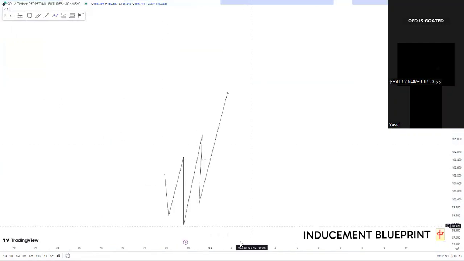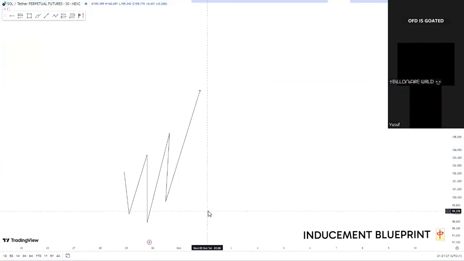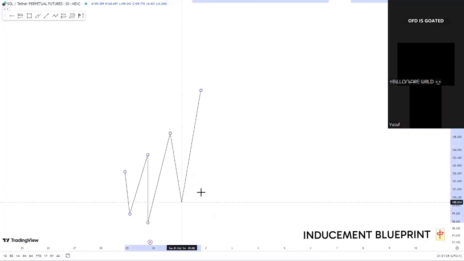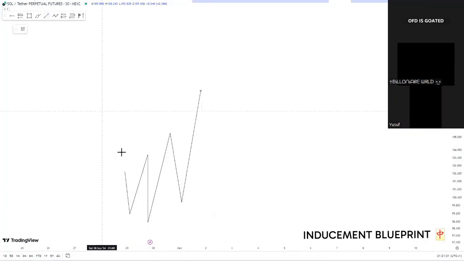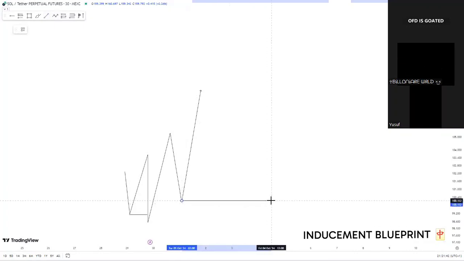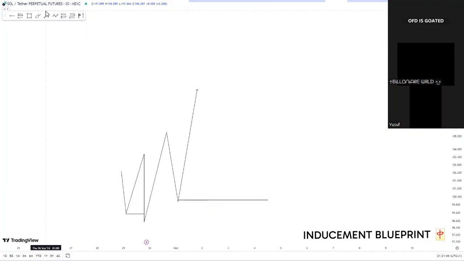This is our entry model, also known as the QMR model. So sweep, guys, our inducement, and then this is our break of structure.